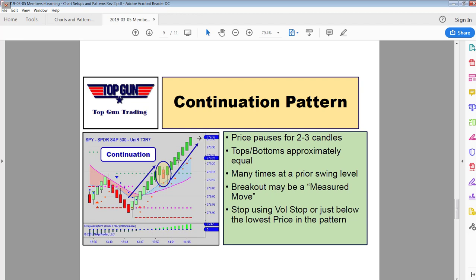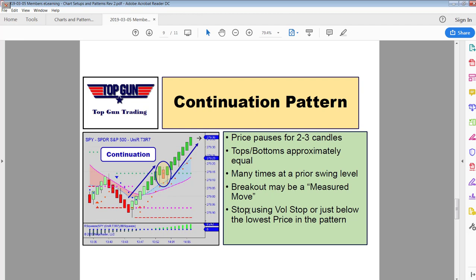It resolves to the upside, and the next move is probably going to also be a measured move. This move from the bottom of that range on the continuation pattern itself will probably match from the body here to the top of that continuation pattern. So if this was $1 from the bottom here, you add $1, and then that's a pretty good target.